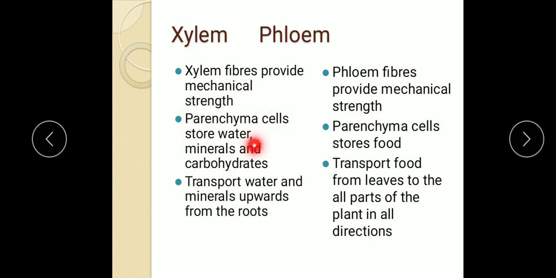Only xylem parenchyma cells are living. And in phloem, only the phloem fibers are dead cells. The remaining three are living: the sieve tubes or sieve plates, companion cells and phloem parenchyma. So this is also one more difference between xylem and phloem.